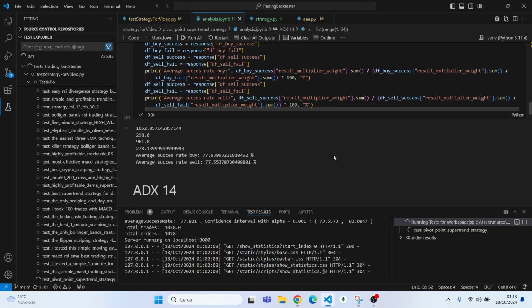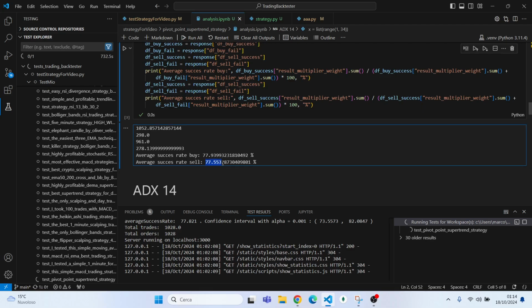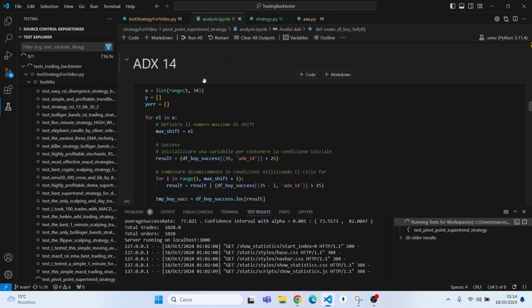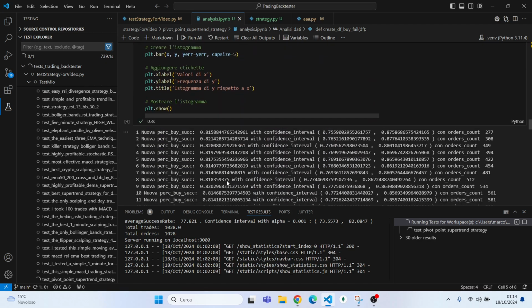and the first thing I noticed is that there is no difference between the average success rate in buy and the average success rate in sell. It's almost the same. But with ADX 14, I found something interesting.